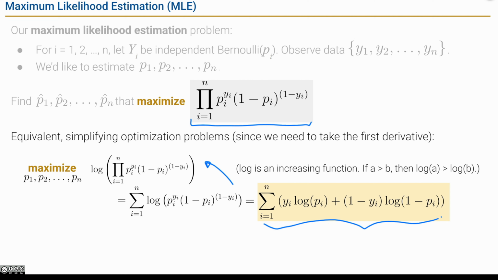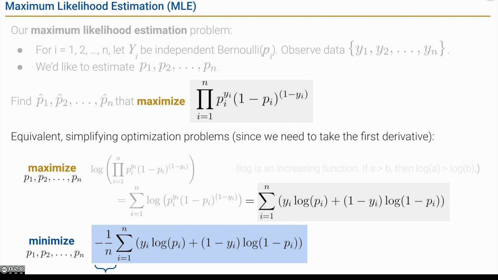And equivalently, I'm going to put it in a form that you'll also see. Maximizing this function is the equivalent of minimizing the opposite of it. So I'm putting a negative out front, and I'm going to divide by n because this is going to look like a mean of something. And sometimes we want to take means in our loss functions.